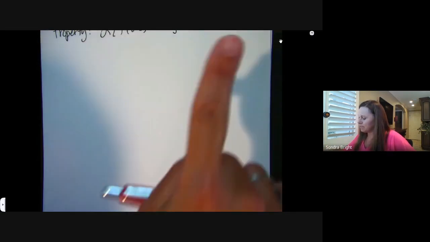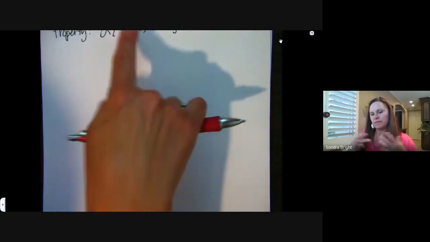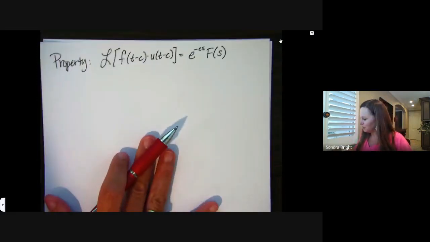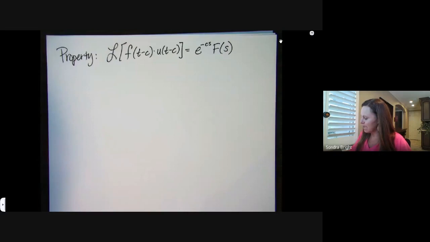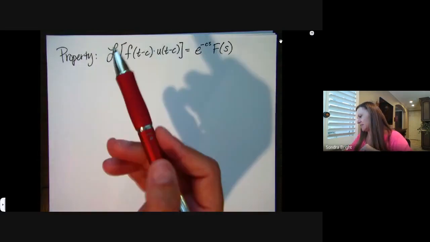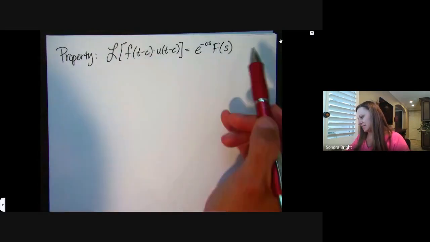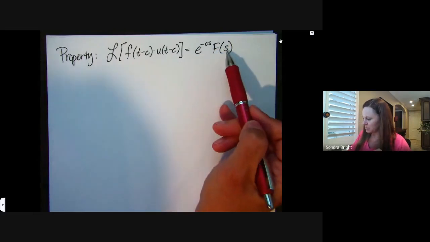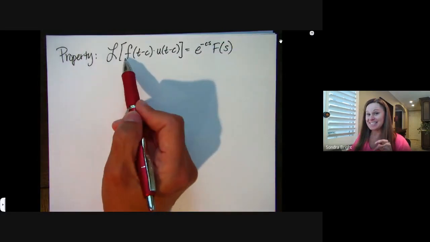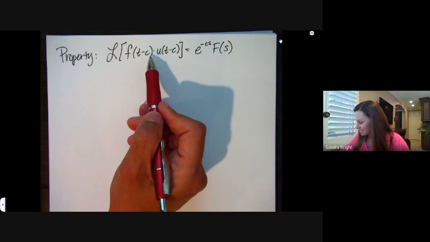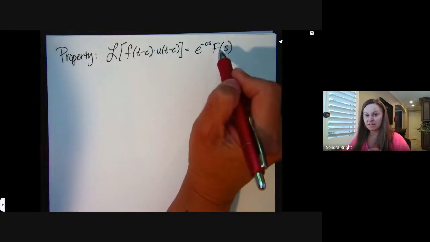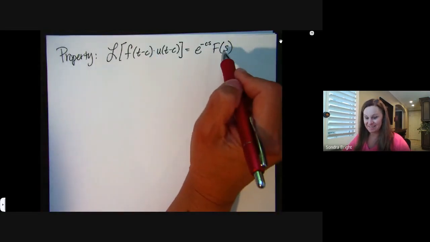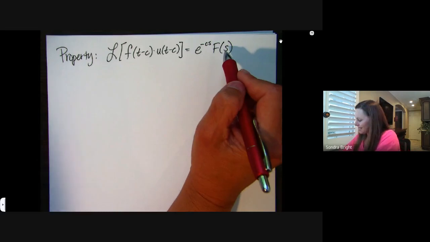Keep in mind that normally, when you have the Laplace transform of f of t, this was big F of s. But now you've got the Laplace transform of little f of t minus c. But this is the Laplace transform of little f of t. Keep that in mind. So what does that mean?